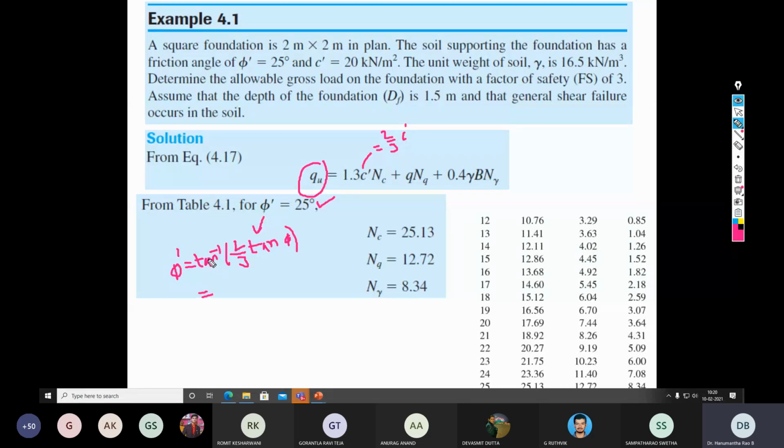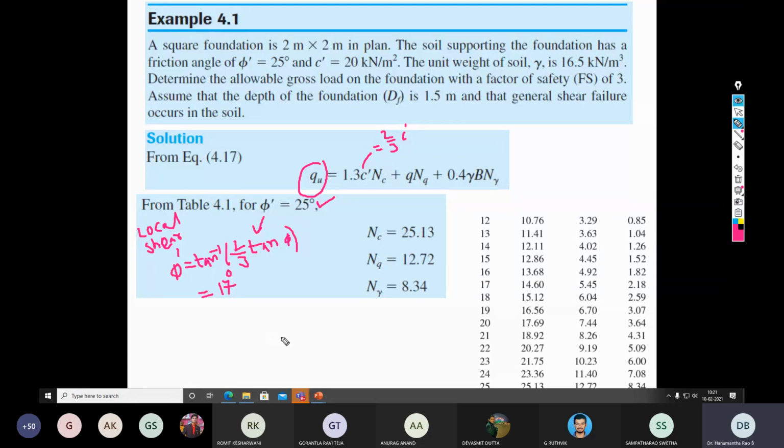Can anybody calculate tan inverse of 2/3 of tan phi and tell me the value of phi dash for local shear? 17.273. Okay, approximately 17.